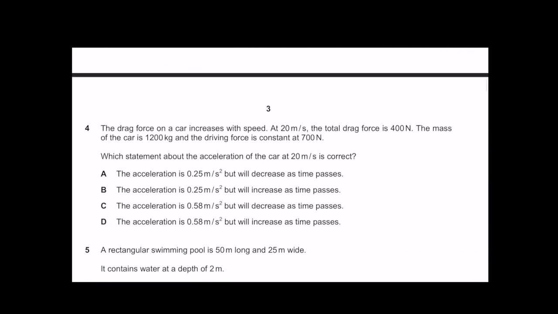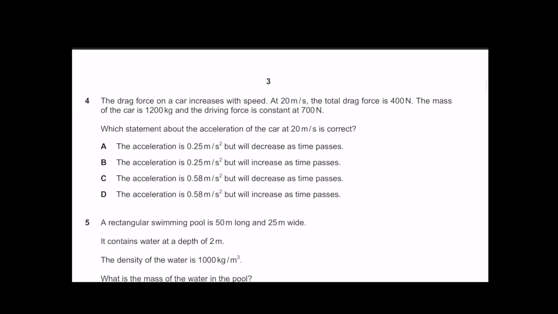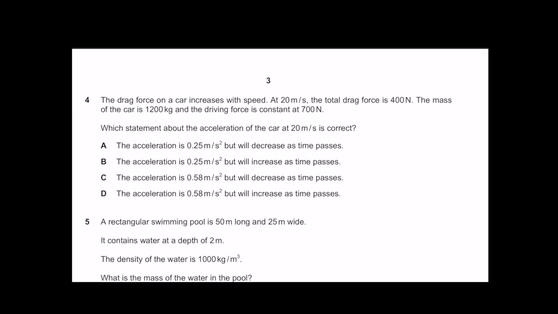Then in question 4, the drag force on a car increases with speed. At 20 meters per second, the total drag force is 400 Newton. The mass of the car is 1,200 kilogram, and the driving force is constant at 700 Newton.